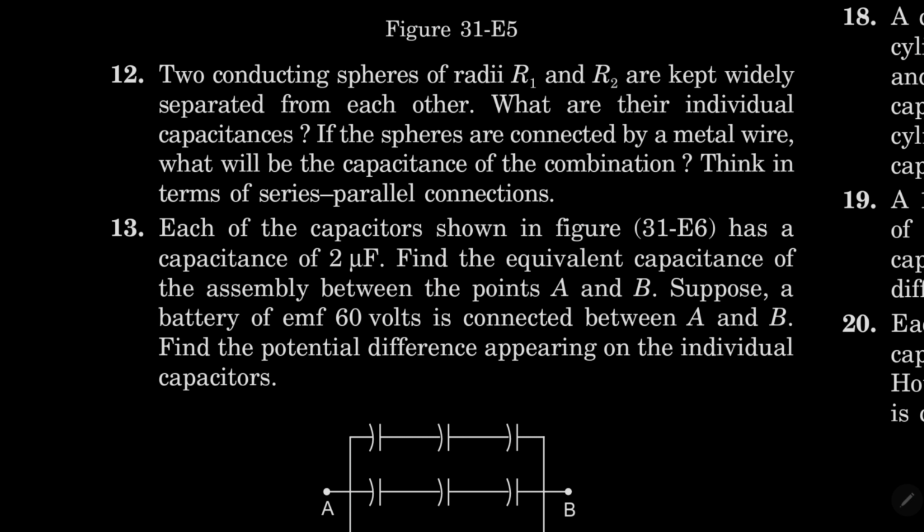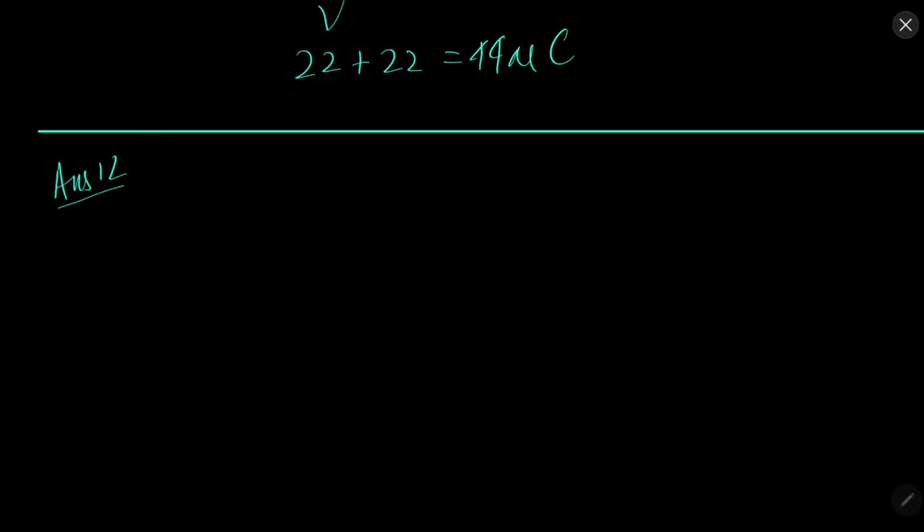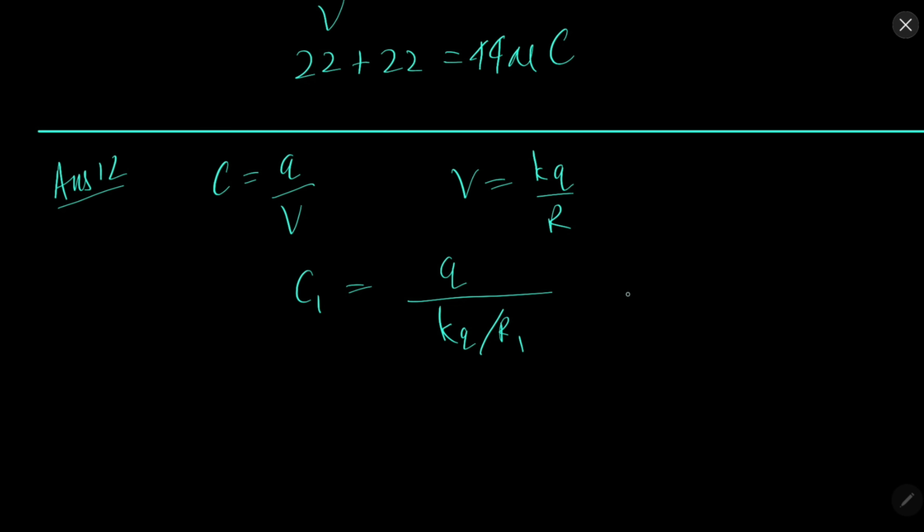In 12, what are the individual capacitances and what will be the capacitance of the combination? Solution 12. So C equal to Q by V, V equal to KQ by R, C1 equal to Q over KQ by R1, so R1 by K or 4 pi epsilon naught R1.